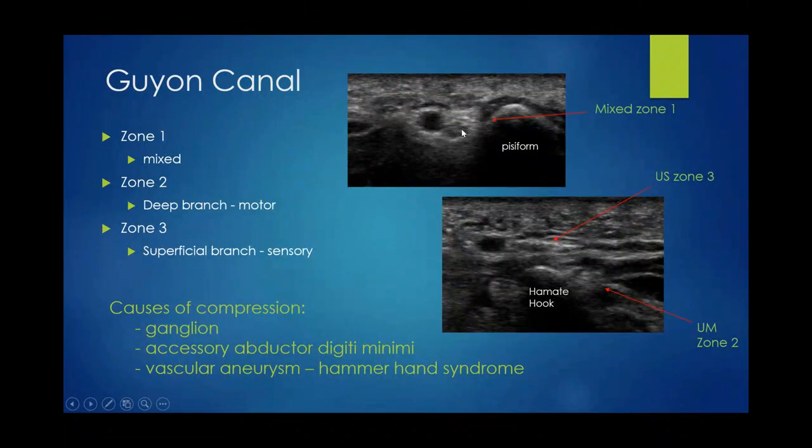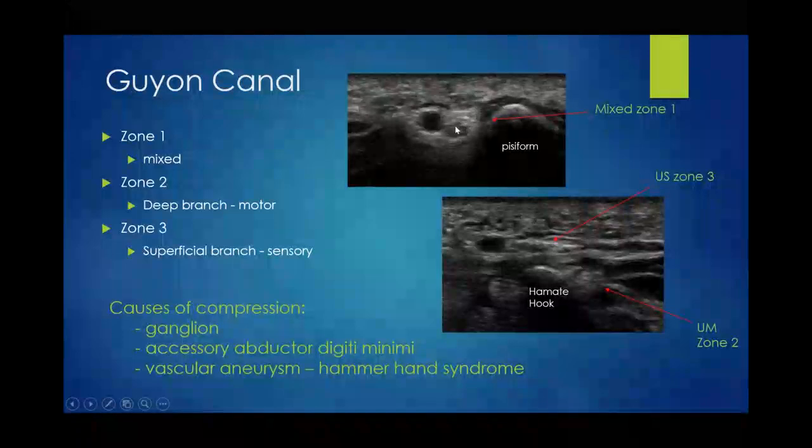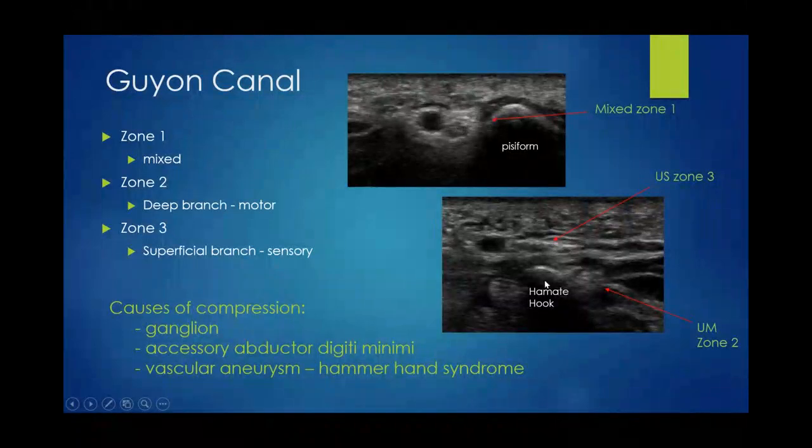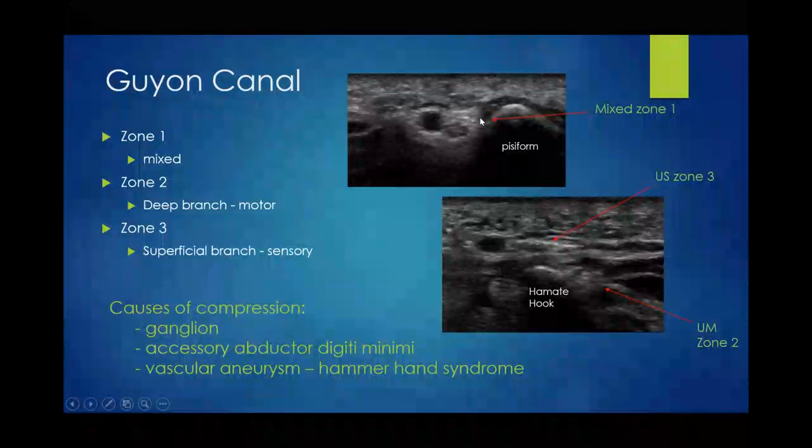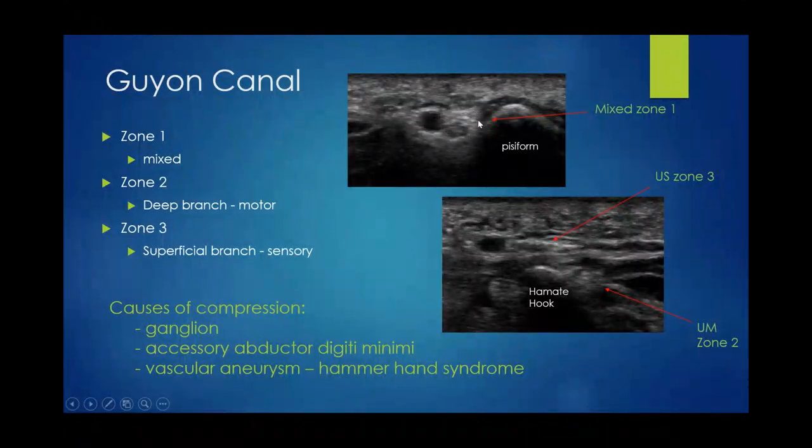At the entrance, it's a singular, mixed nerve where there are both motor and sensory fibers. Overlying the hook of the hamate, that mixed nerve splits into a superficial sensory and a deep motor branch. The nerve here can be subject to compression from ganglion cysts off the pisotriquetral joint, aneurysms of the artery, or sometimes in those people that have an accessory abductor digiti minimi.